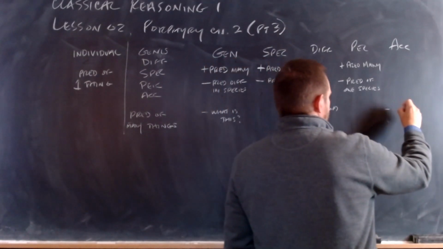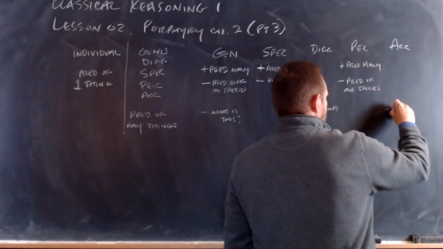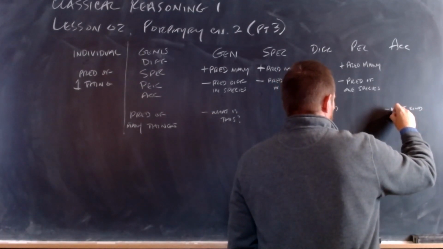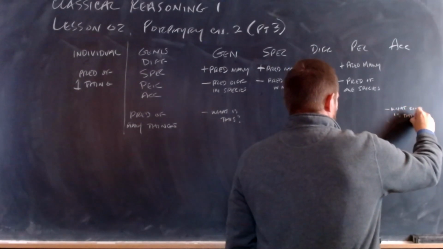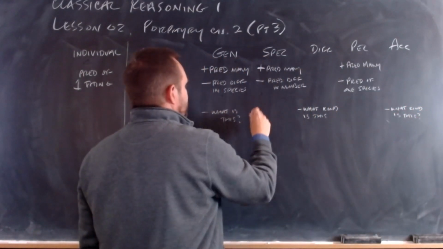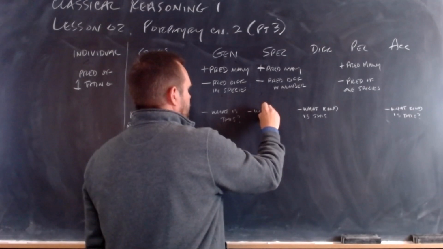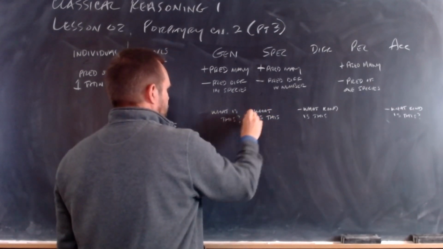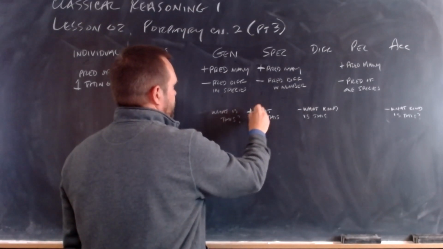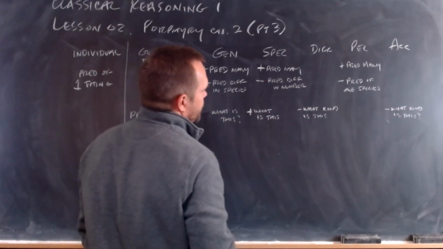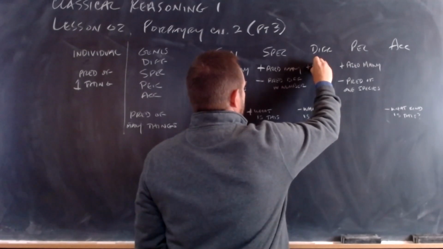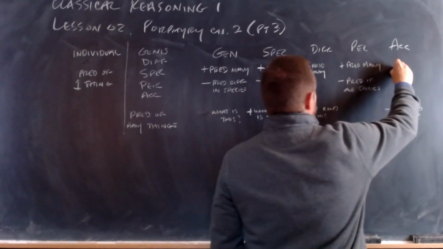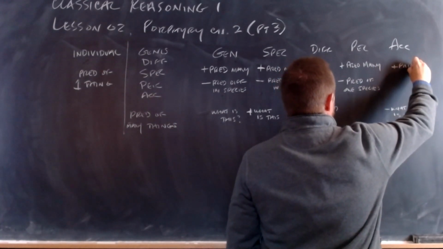And accident is also predicated in answer to the question, what kind of thing is this? Species is predicated plus and a plus there and a minus. But difference is predicated of many things. Accident is also predicated of many things.